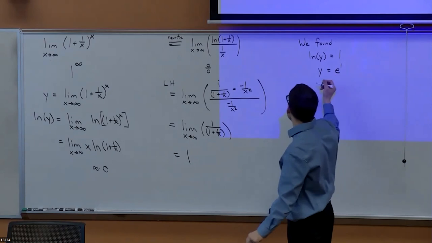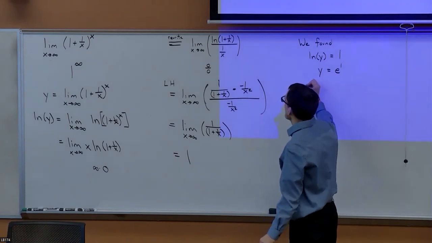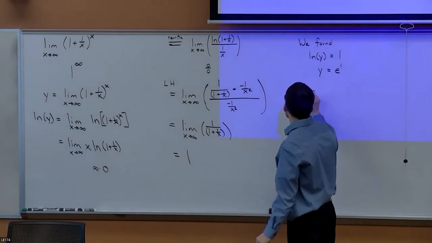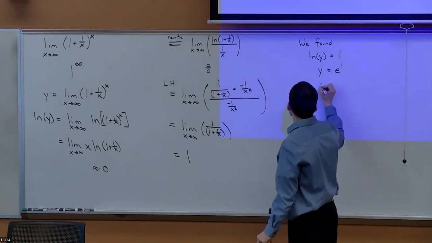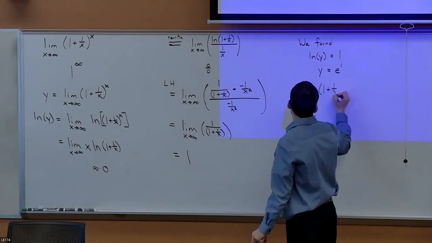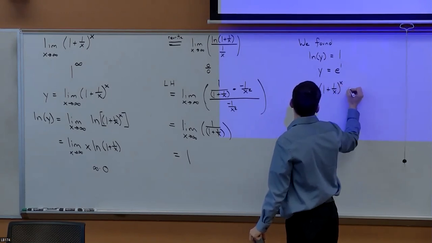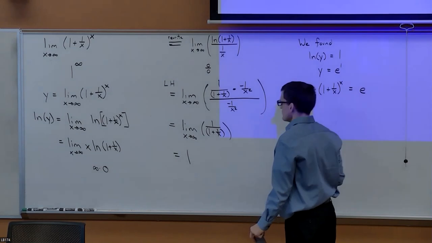E to the first power is just e. So that means the limit as x goes to infinity of (1 plus 1 over x) to the x power is actually e, or just e to the first power.